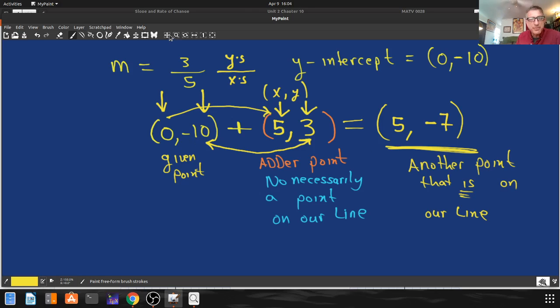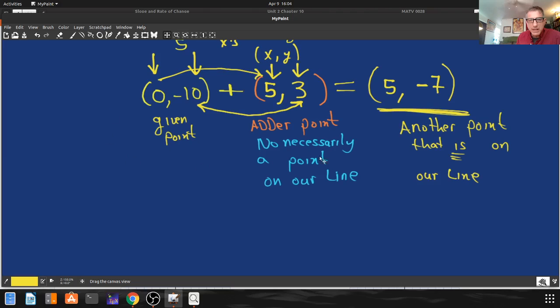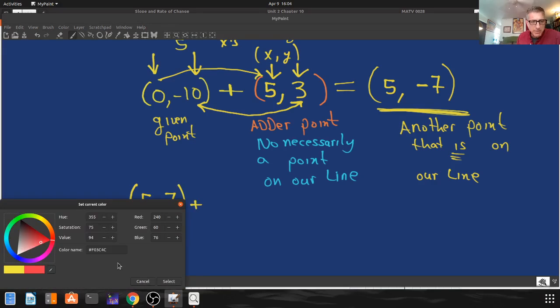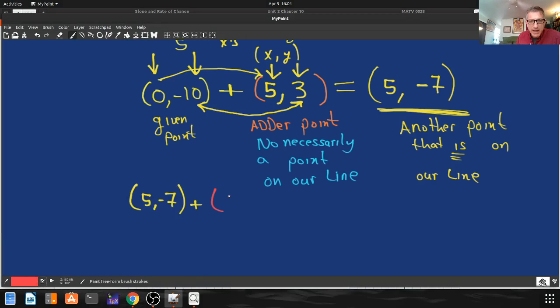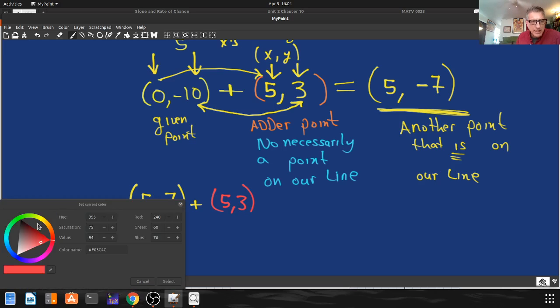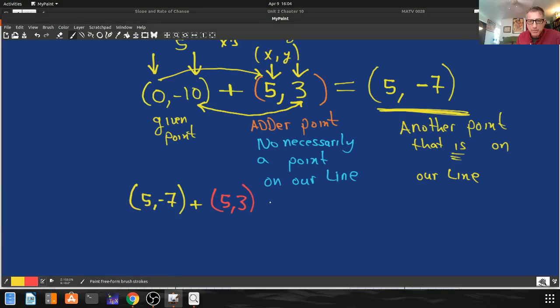I can plot them. If those 2 points are close together, I can always take the new point I just discovered and then add my adder point, which is always going to be the same. Once I found my adder point, it's fixed, and I get yet another point on the line. 5 plus 5 is 10.